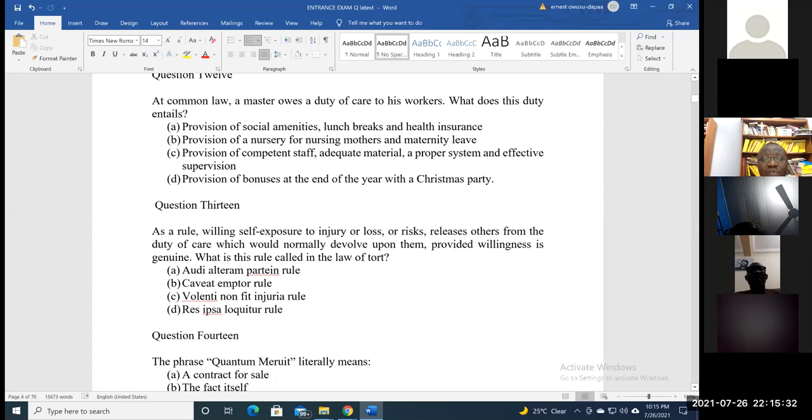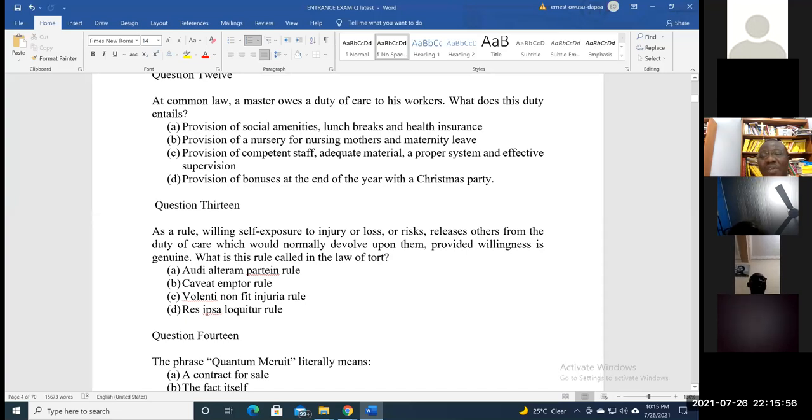C, provision of competent staff, adequate material, proper system, supervision. D, provision of bonuses at the end of the year. So if you don't even know the answer, you can easily know that we are talking about C, because if you are talking about the common law, what the master owes to his workers.